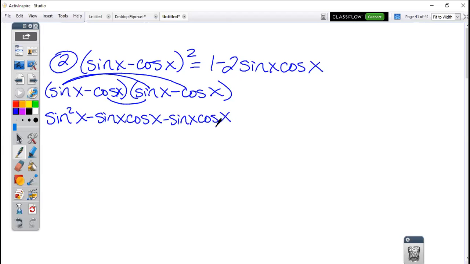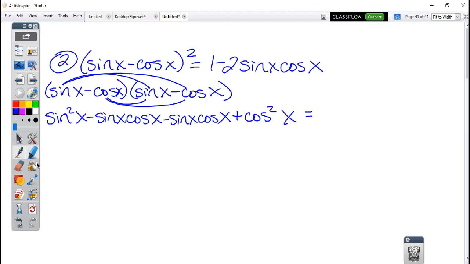And I just write those in that order so they match up with the other one I have. You can write them opposite, but it's easier if they look alike, okay? And then you have negative cosine x times negative cosine x is positive cosine squared x. Okay? And then we simplify.